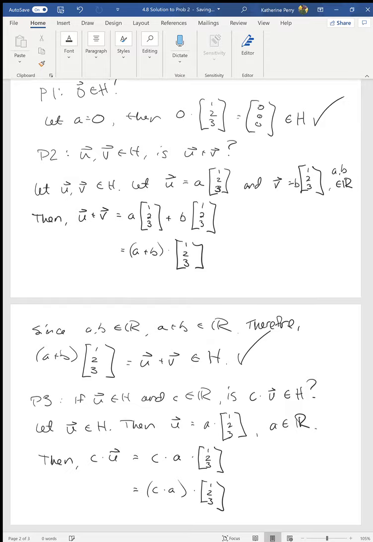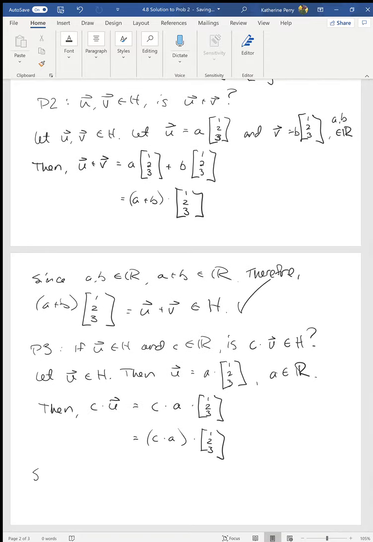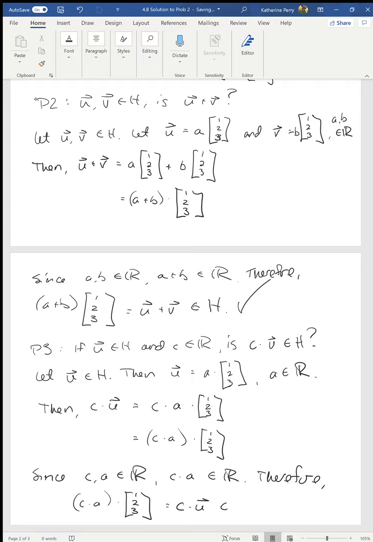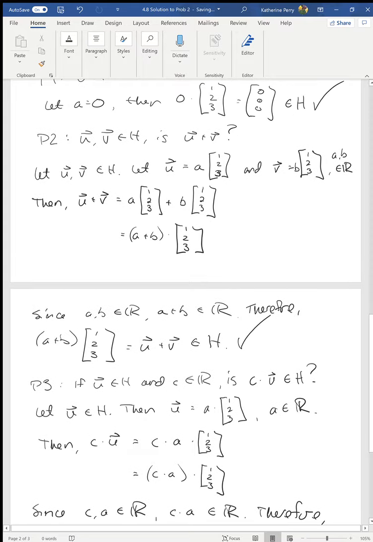And then just as above, since C and A are real numbers, C times A is in R. Therefore, C times A times this vector 1, 2, 3, which is equal again to C times U, is in H. And that's property 3.